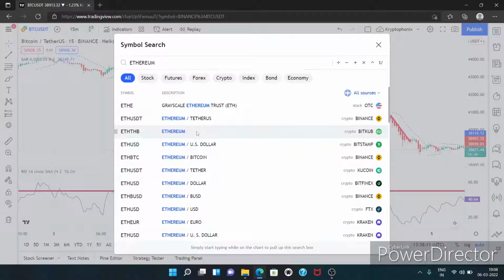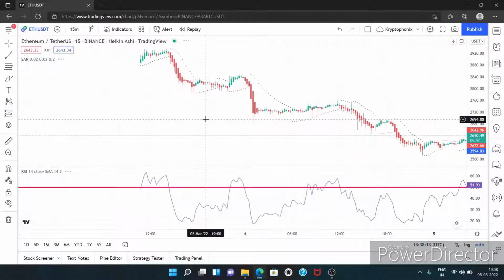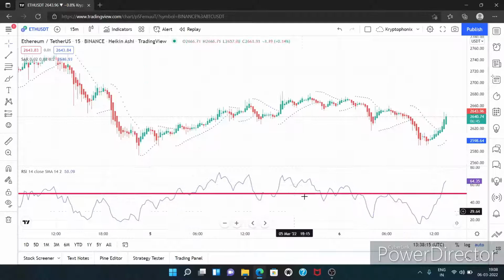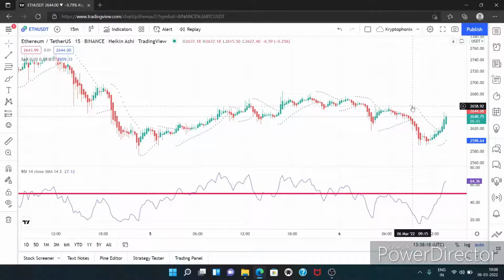Ethereum. Okay, the same setup will be used. Let's look at this one right in front of us. RSI is below the 50 level mark, and parabolic SAR is giving us a signal to sell. What happened? A downfall was seen as the signals are of the same nature.